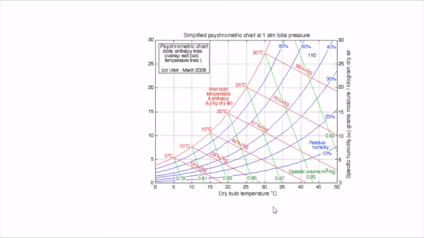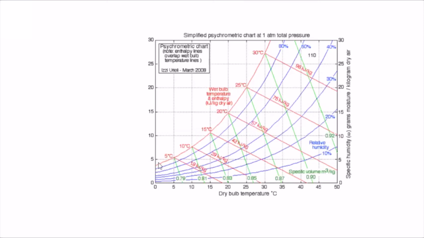Now we have already discussed what dry bulb temperature is and what specific humidity is. The x-axis is DBT, the y-axis is specific humidity. Keeping this in mind, we go to the curve at the outer line. You can observe 5 degrees Celsius, 10 degrees, 15, 17, 20, 25 degrees, whatever the degrees, present on one red color line.